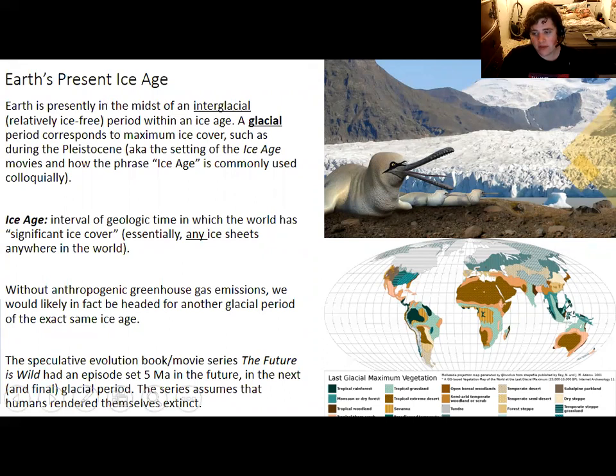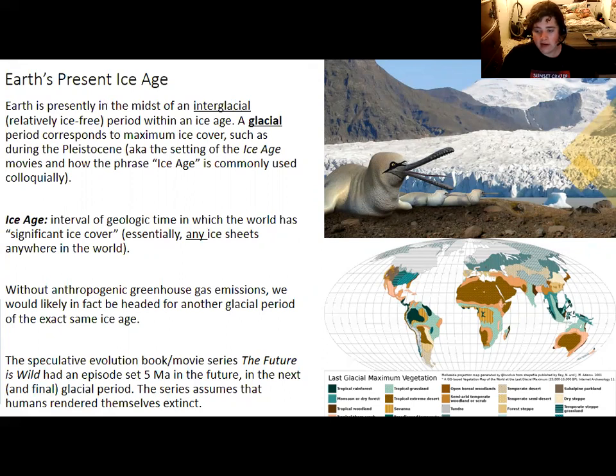We often use the term the Ice Age to refer to the period in which mammoths and woolly rhinos and ground sloths and saber-toothed cats existed in a colder and much more heavily glaciated landscape alongside early humans. And that is actually the most recent glacial episode of the ongoing Ice Age, of which we are in an interglacial period.